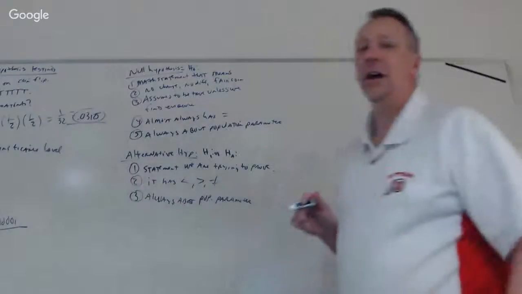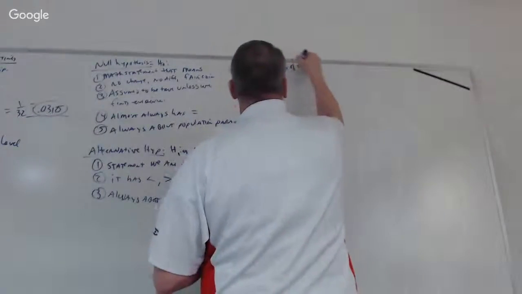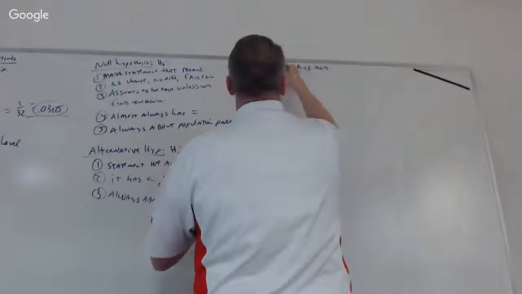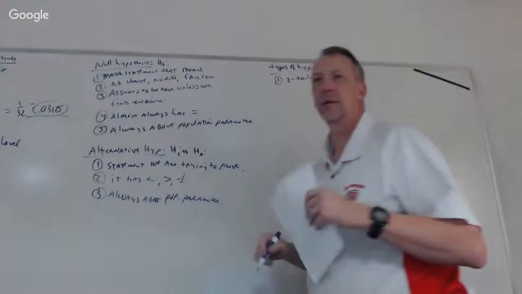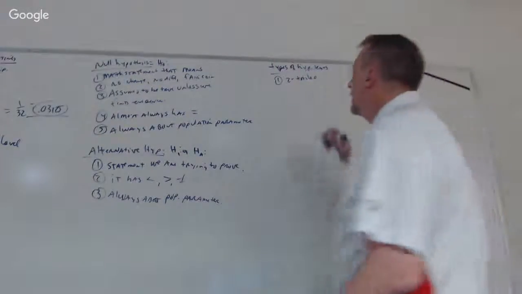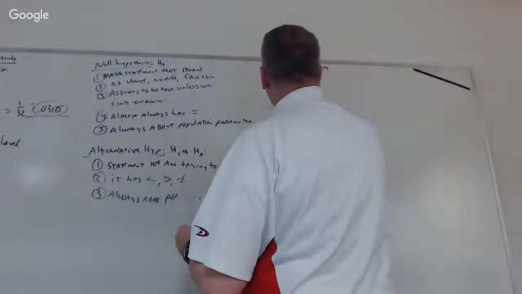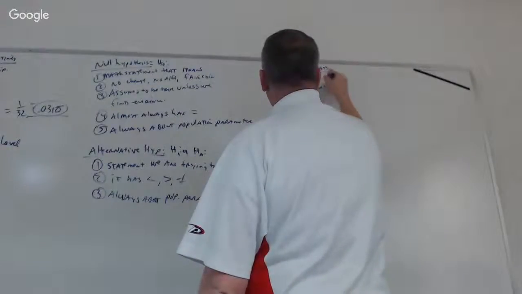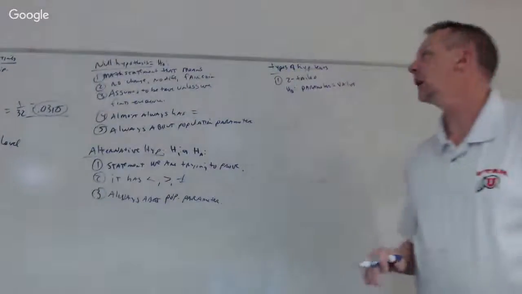All right, so let's talk about the types of tests, okay? Types of hypothesis tests. Number one, we have a two-tailed test, okay? So typically, you're going to have a null hypothesis where you have a parameter equal to some value, okay?